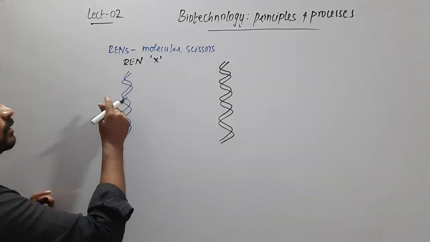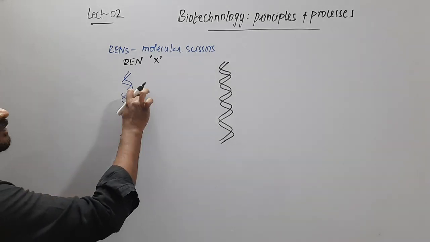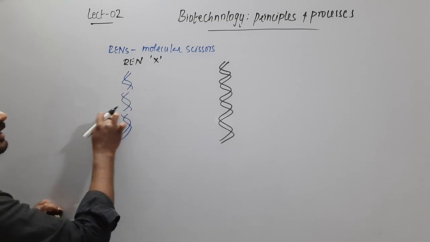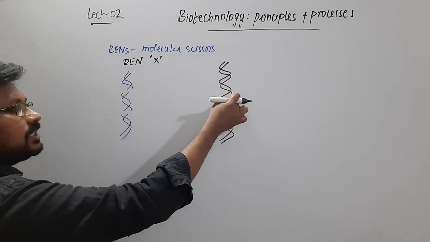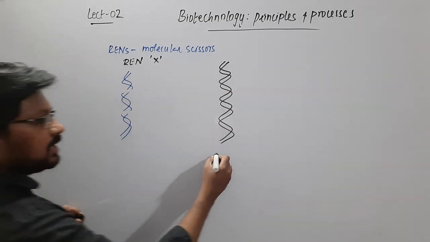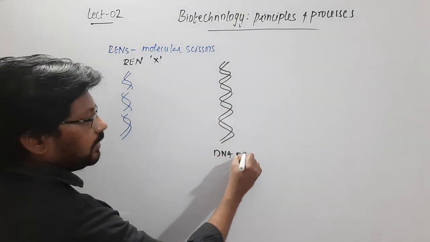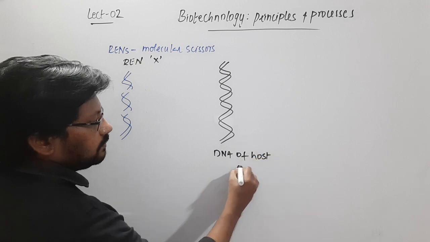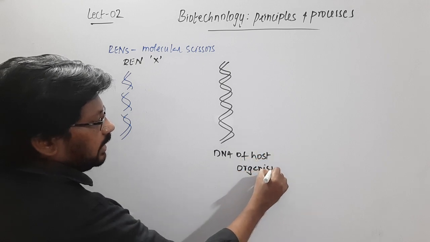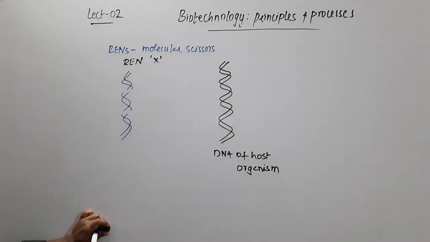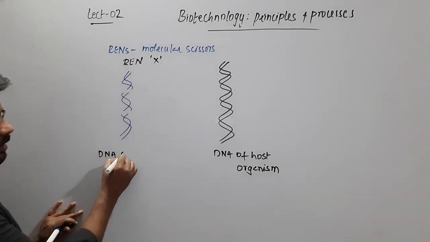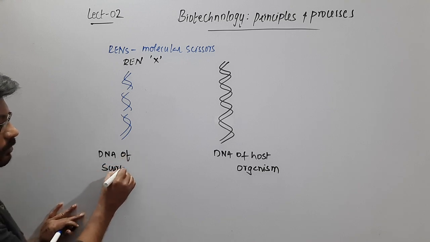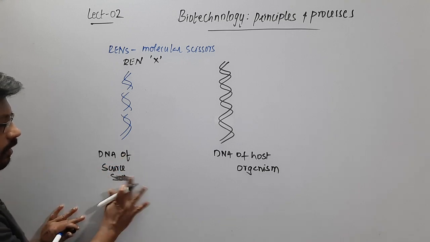So I need to cut a specific portion of this DNA segment, and I need to insert it into this DNA. So this is the DNA of the host organism, and this is the DNA of the source organism.